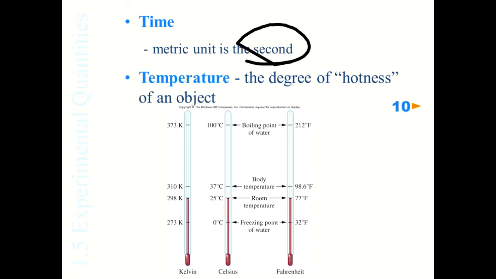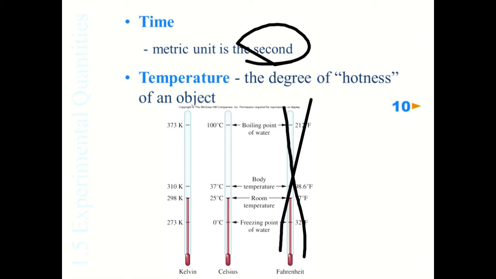Time, we measure in seconds. And from seconds, you can use all the prefixes, milli, microseconds, okay, etc., etc., okay? Temperature. Now with temperature, we don't really use Fahrenheit in chemistry, okay?